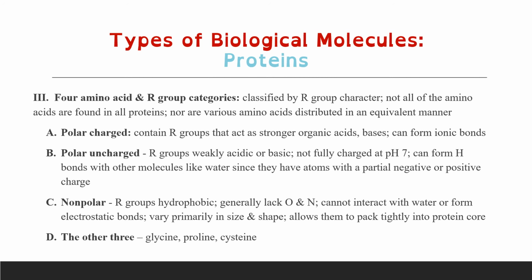Glycine has a side chain of only a hydrogen atom. Proline is unique in having its alpha amino group as part of the ring. And then cysteine contains a reactive sulfhydryl group and is often covalently linked to another cysteine residue as a disulfide bridge. So those are the differences of these amino acid categories.